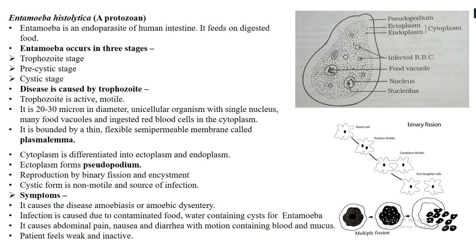Now speaking about the symptoms of this disease, the first is amoebiasis, or we also call it amoebic dysentery. The infection is caused due to contaminated food and contaminated water, which is contaminated by the cyst of Entamoeba, and so we say that the cystic form is the source of the disease.